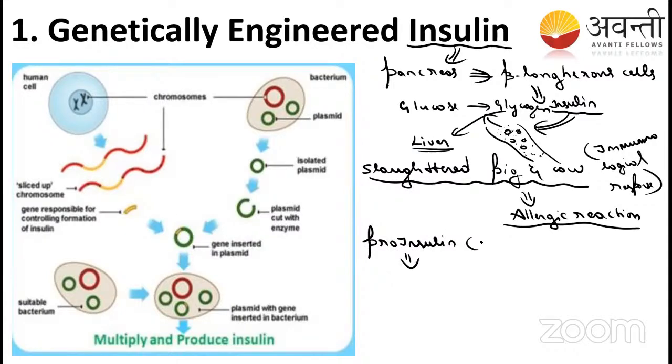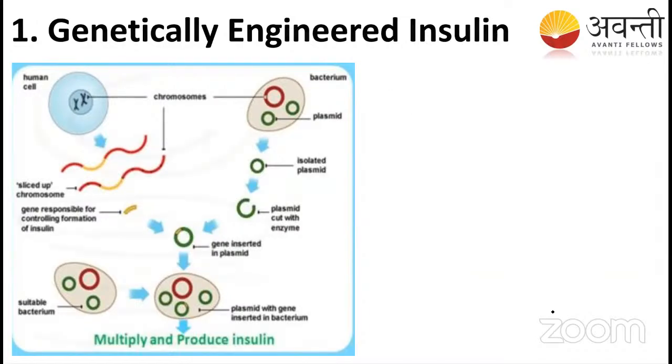What is the proinsulin form, student? It is the inactive form. This inactive insulin consists of three parts: the A chain, the B chain, and the C chain.